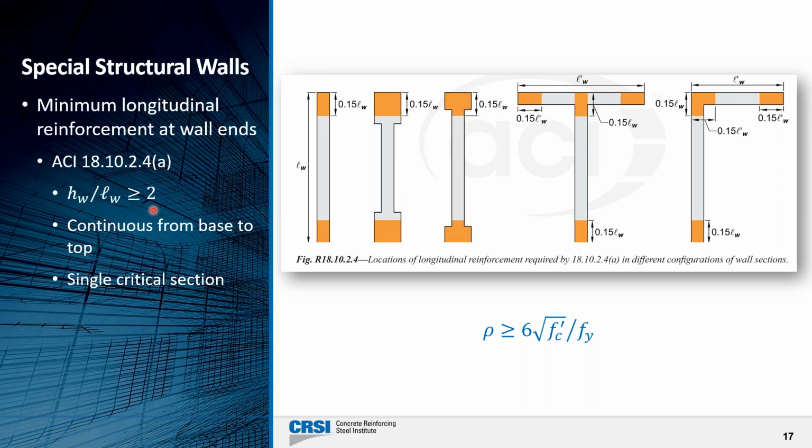What we are now required to do is provide a minimum amount of longitudinal steel within these distances indicated in ACI figure R18.10.2.4. That reinforcement ratio, which would be the area of steel in these shaded areas divided by the area of that shaded area, has to be at least 6 square root of f prime c divided by f sub y.